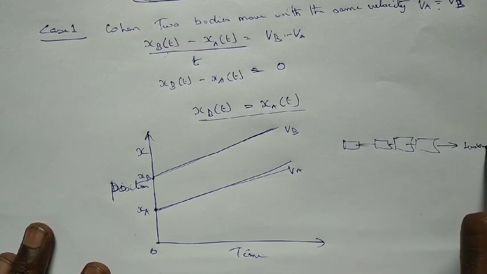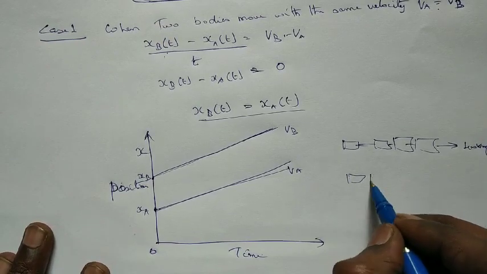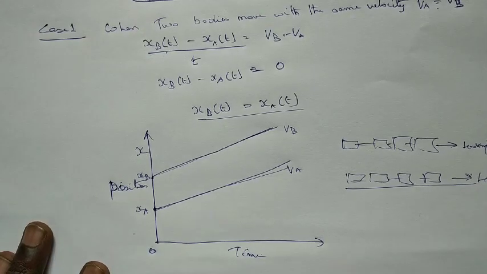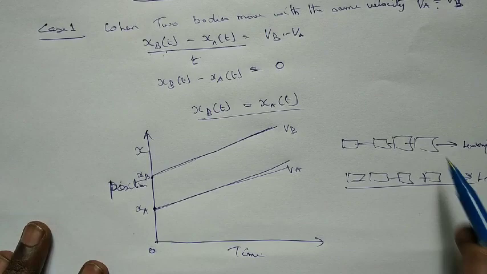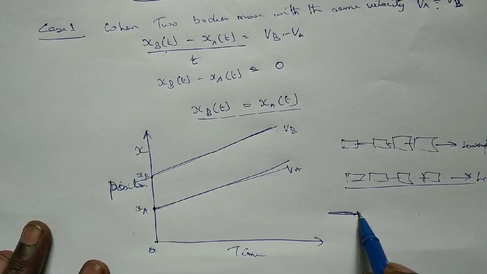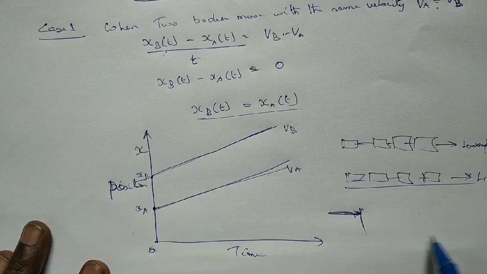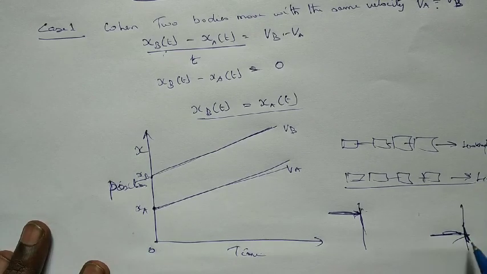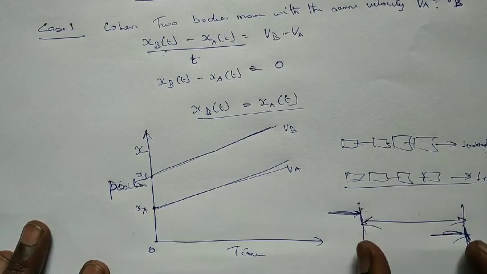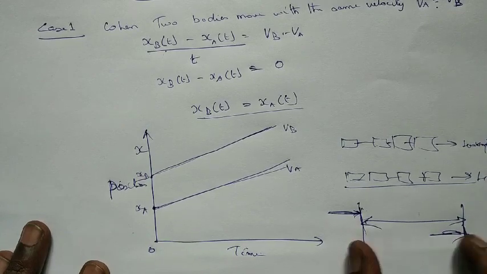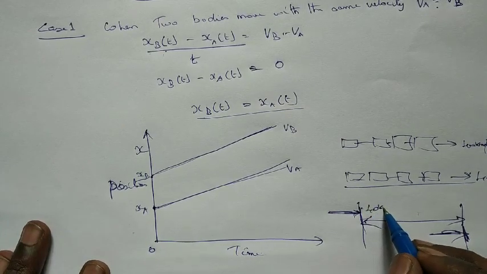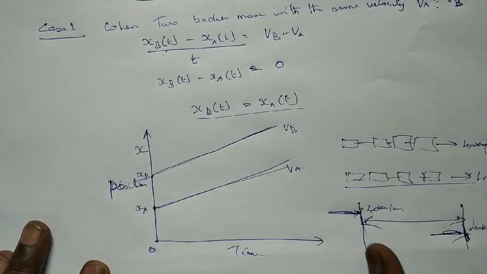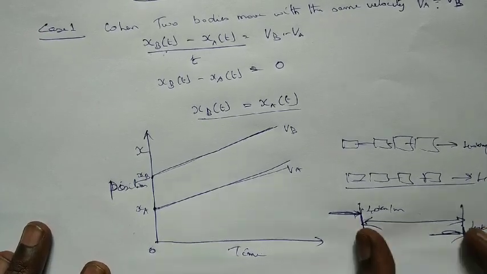If this train is going at 40 kilometers per hour and the next train is also going at the same speed of 40 kilometers per hour, and the next train is a little ahead, there is already a particular distance in between. After 1 hour, both of them going at 40 kilometers per hour, what is the difference in position you will find? The same distance. The difference in the position will be the same.